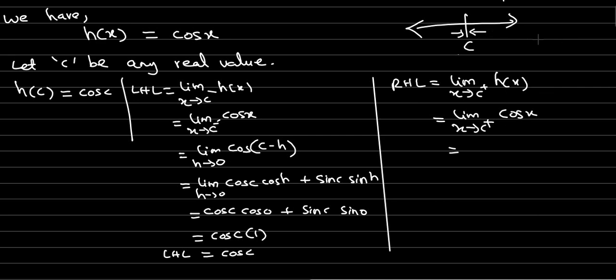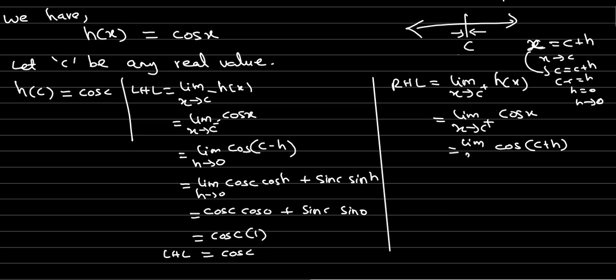For that I take x as c plus h, so cos of c plus h. Now x is approaching c, so c equals c plus h, and c minus c equals h, so h equals 0. h approaches 0.